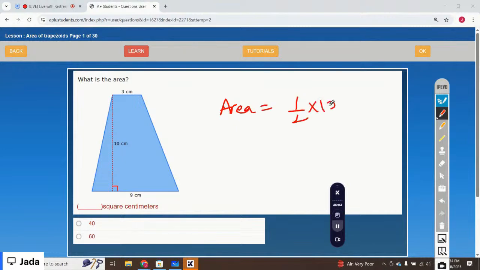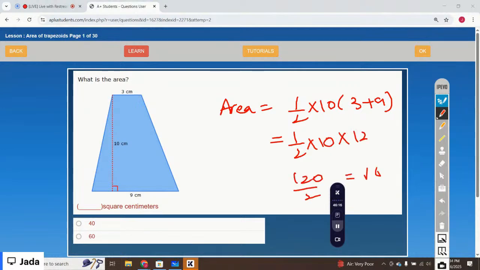That is half times height and you need to add the bases. So that is 1 by 2 times 10 times 12, 120 by 2. That is 60. Option number 2 is the correct option.